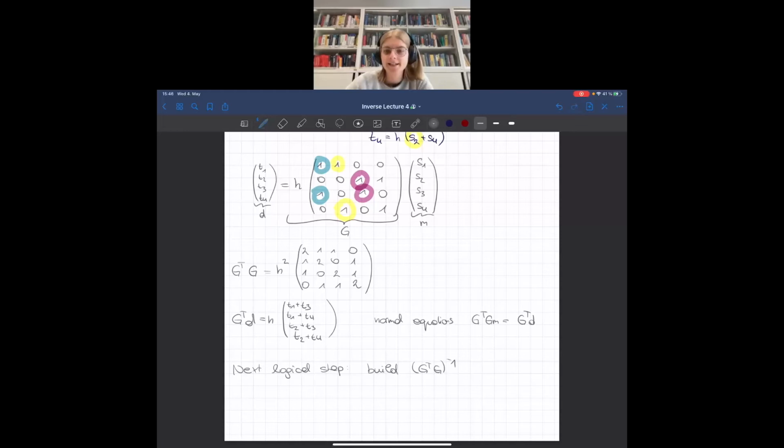And here's the thing where we run into trouble. We cannot do this. If we calculate the determinant of G transpose G, we find out that it's 0, and therefore no least squares solution exists.